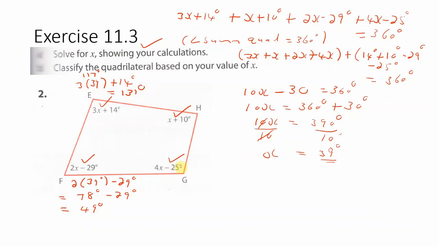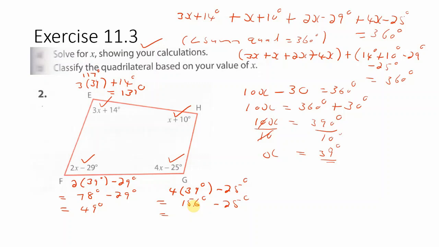Okay, so let's look at angle G. So we have 4, not x, but 39 in its place. We still have to subtract 25 degrees. So 4 times 30 is 120, plus 4 times 9 is 36. 120 plus 36 is 156 degrees, minus 25 degrees.